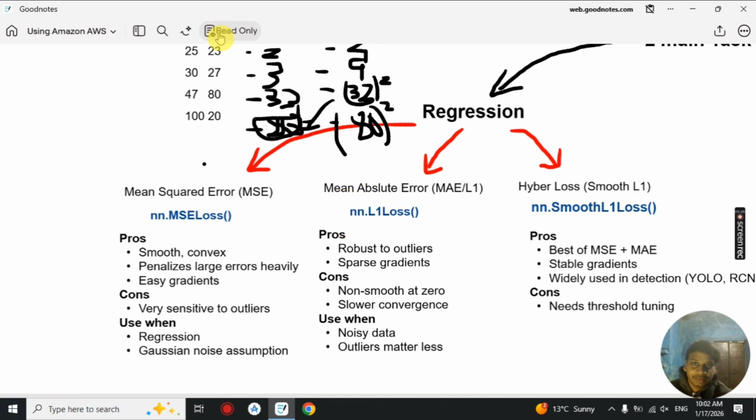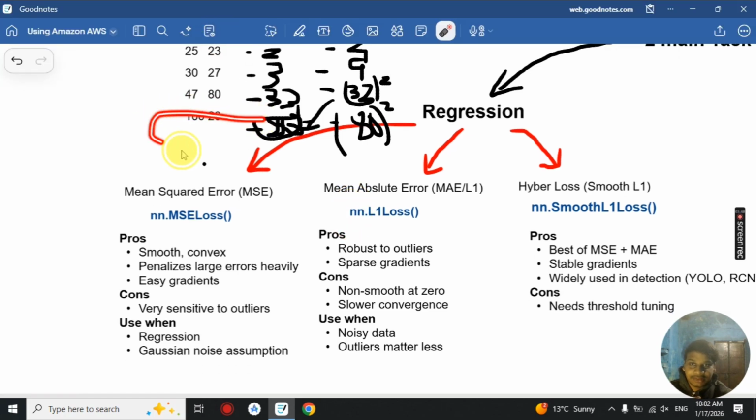So here we technically penalize the very high predicted values. The pros are that we get a very smooth graph, so the loss will be very smooth for each of our values.